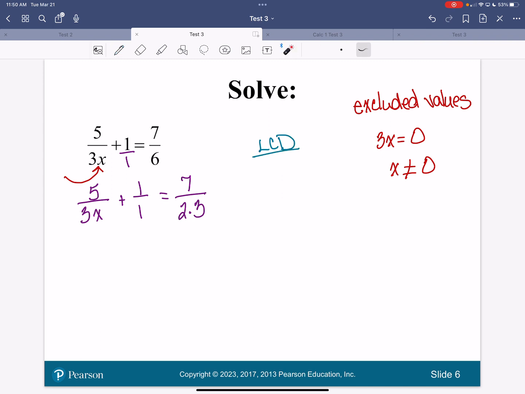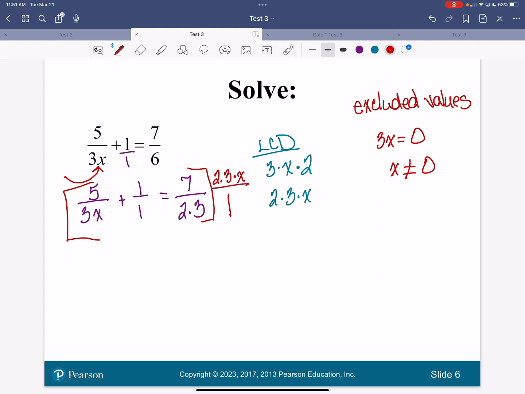So I've got to make sure both of these are included in my LCD, so that's going to be 3 times x. Okay, then I look here. I've already got a 3. What do I not have? 2. Okay, so my LCD is going to be 2 times 3 times x. I typically leave it in factored form because I know I'm going to be canceling some of these out.